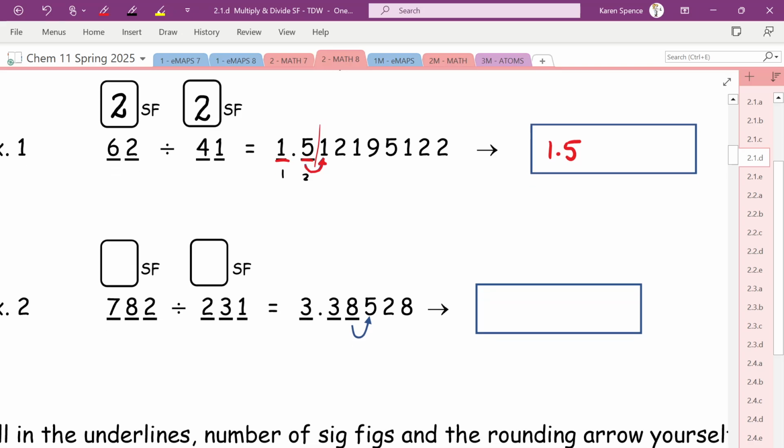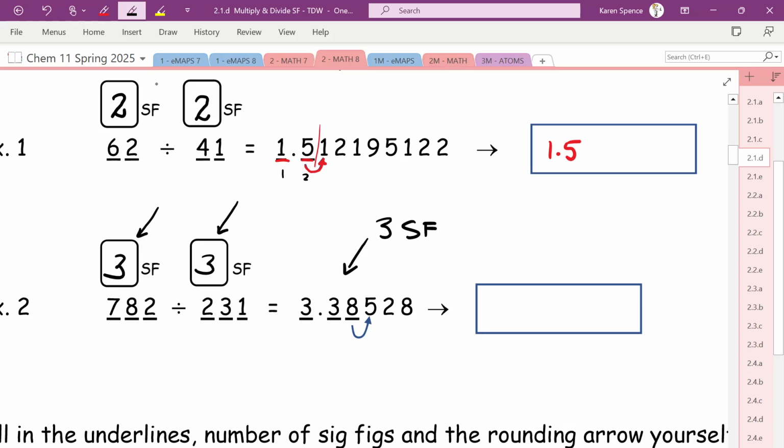Next example. 782. How many sig figs? 3. 231. How many? 3. And we plug that into our calculator. We get 3.38528. But we will want to have how many sig figs in our answer? We started with 3 and we have another 3, so we're going to want 3 sig figs.